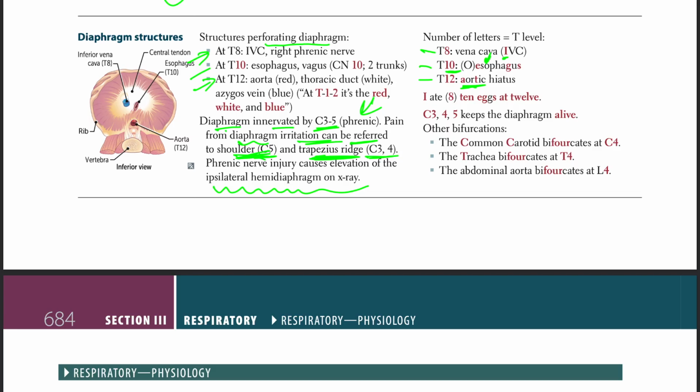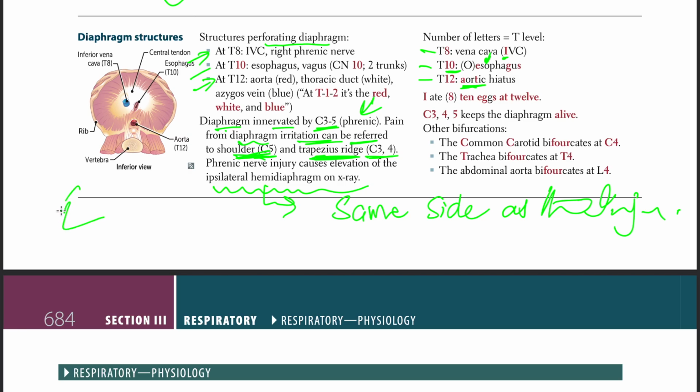So this is important: with a phrenic nerve injury, the elevation occurs on the same side as the injury. If you have a left side injury, the left side is going to be up.